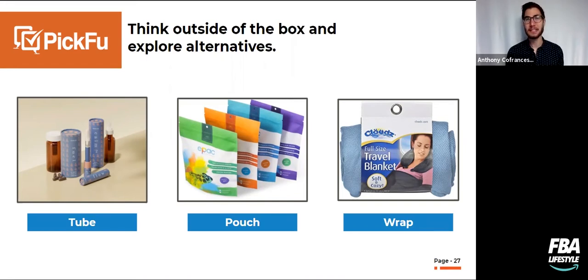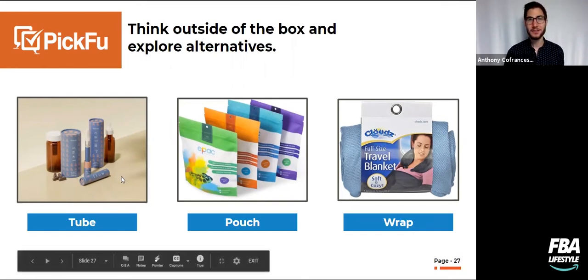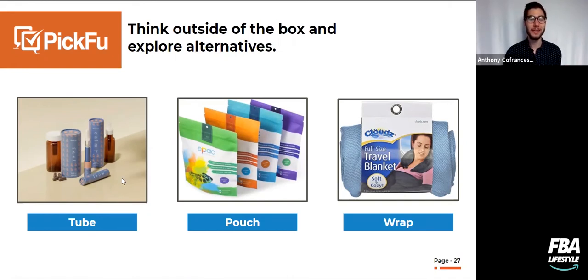But it can also just be a different experience to go with different packaging alternatives. So one of them is a tube. Again, this is another thing I love, going to Global Sources, going around to the Packaging Expo and seeing so many different types of packaging inspiration. And tubes are an interesting one. Think about how many products that you've received that are in a box that very easily could be shipped in a tube.